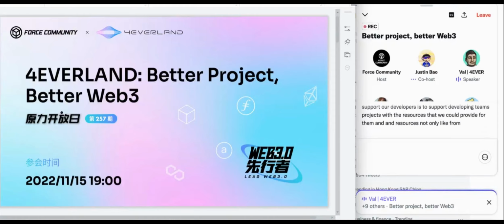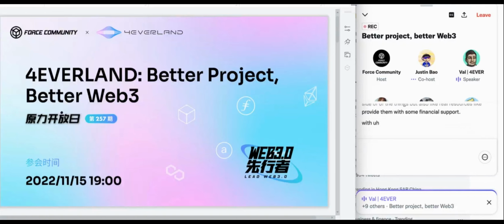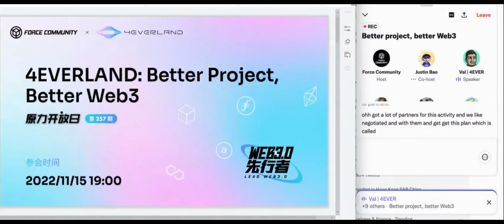Not only resources from the marketing side, but also real resources, like financial support and infrastructure. Therefore we talked to partners, got a lot of partners for this activity, negotiated with them, and got this plan, which is called Monthly Star Project.